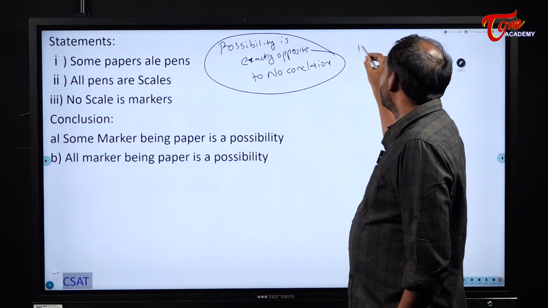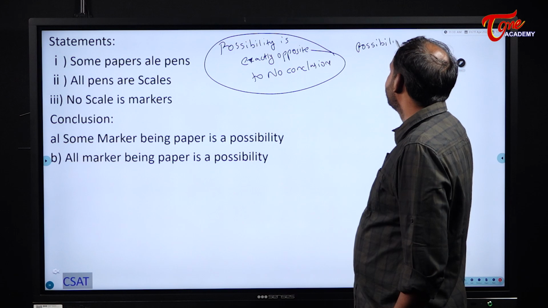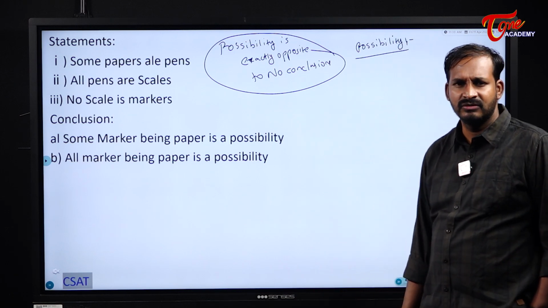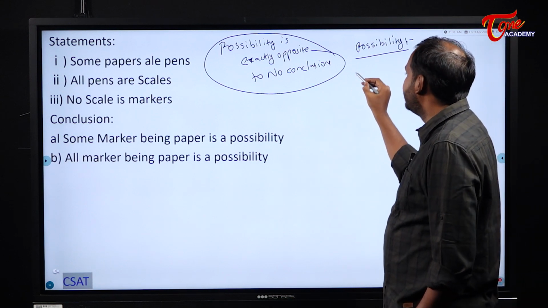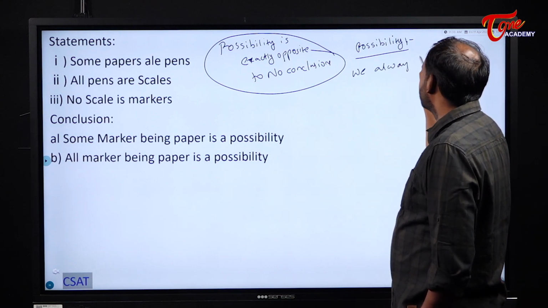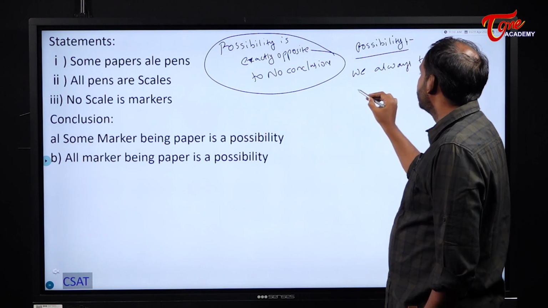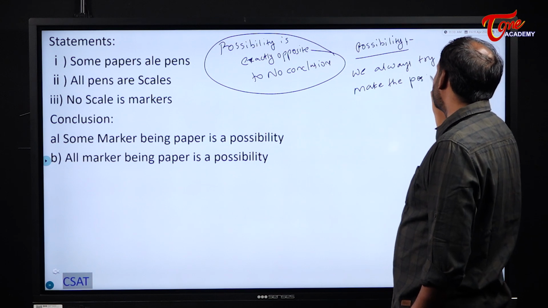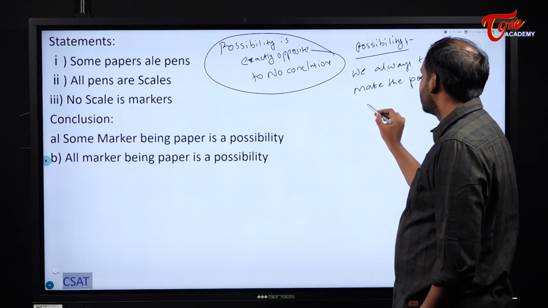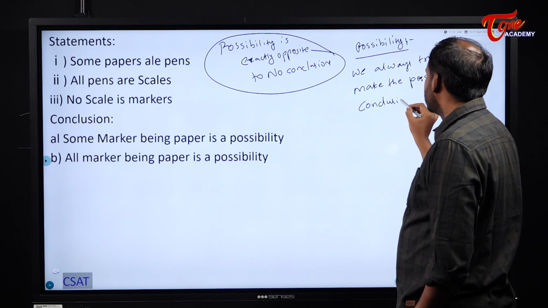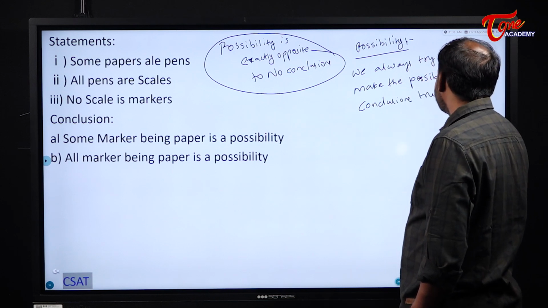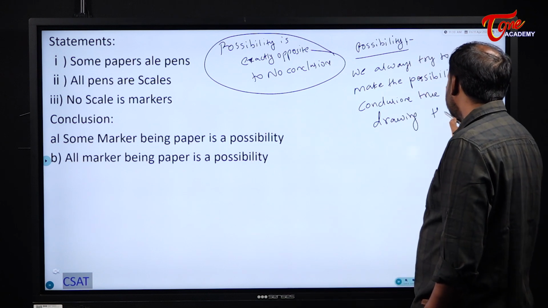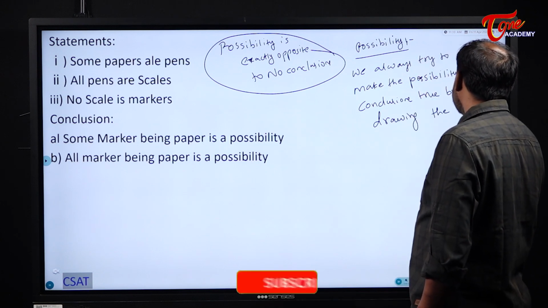Even though this is a positive conclusion, actually we should not consider it positive as such. But generally, we always try to make the possibility conclusions true by drawing the alternate diagram.